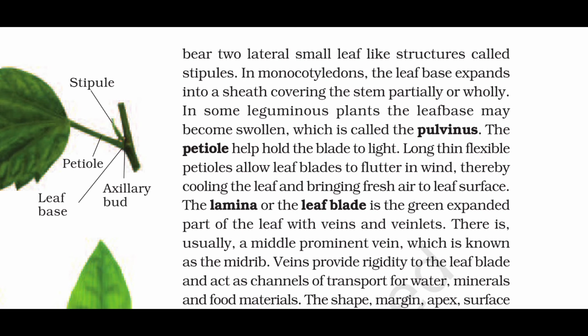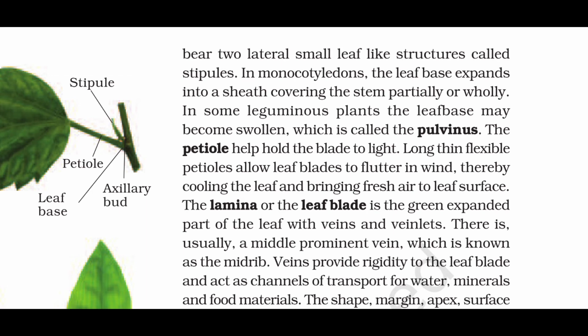So the petiole has a significant role. If the petiole is long, thin and flexible, it allows the leaf blade to flutter. If the wind is fast, the leaves flutter. By this fluttering, the cooling effect takes place, cooling the leaf and bringing fresh air to the leaf surface.